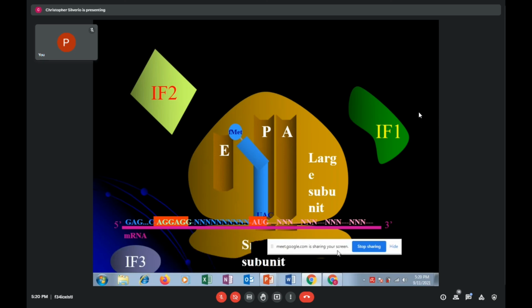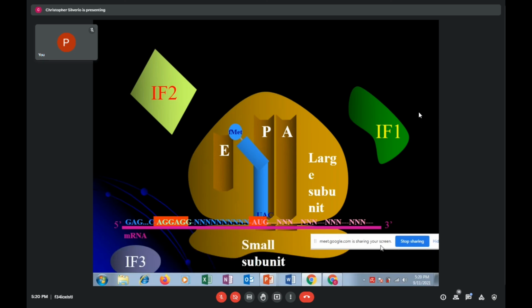And also initiation factor 3. These three factors are very important for the translation process. As you can see here, there are binding sites in the large subunit of the ribosome: the A site or amino acid site, the P site or peptidyl site, and then the exit site.